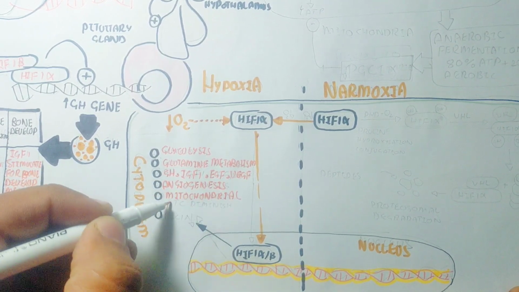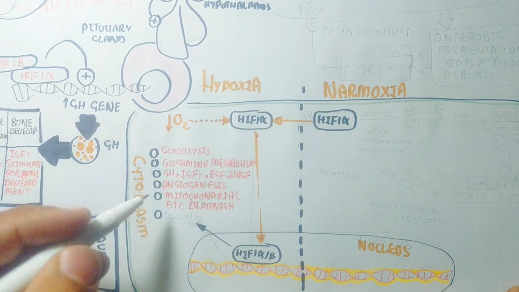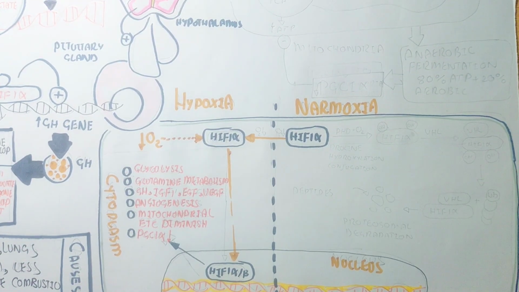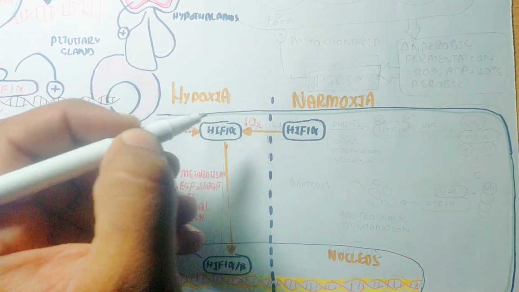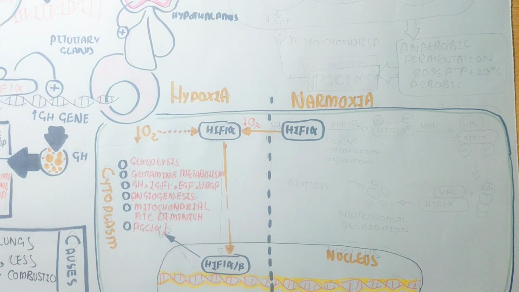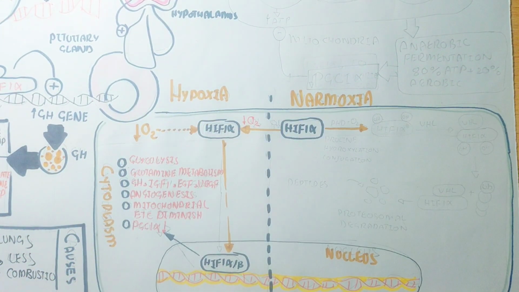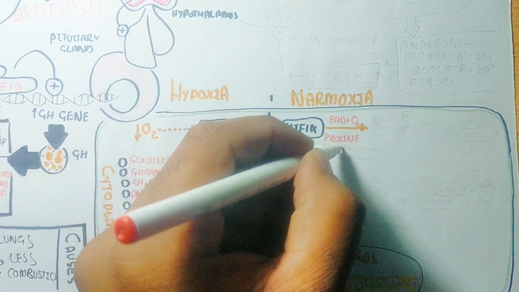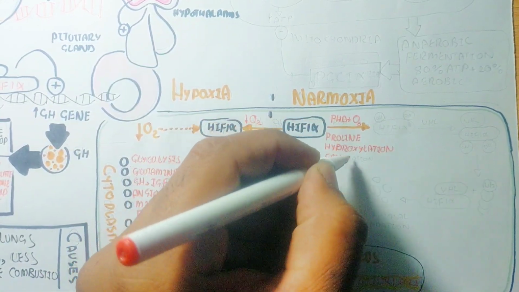And in this way, growth hormone, IGF-1, EGF and VEGF will lead to angiogenesis. The mitochondrial electron transport chain will be damaged, and PGC1 alpha will decrease, leading to decreased electron transport chain function.